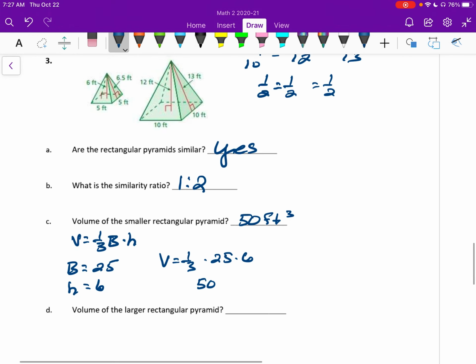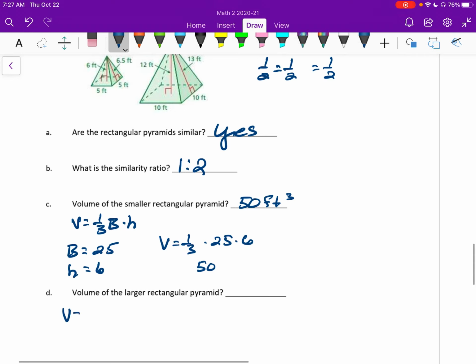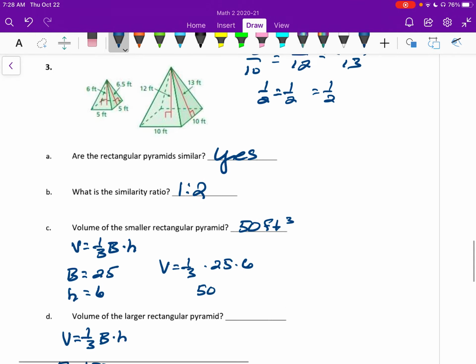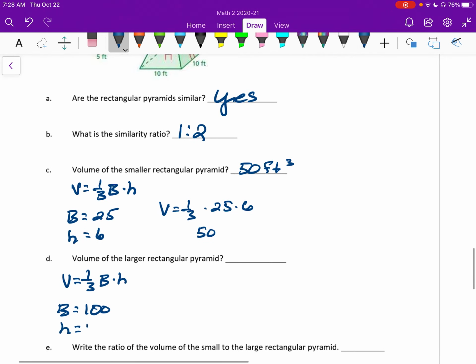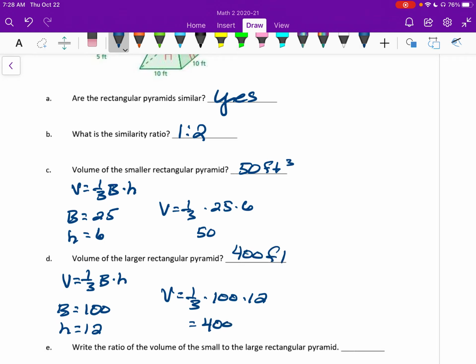All right, let's do the volume of the bigger one. So again, volume is 1/3 big base times height. The big base on the big pyramid is 10 times 10, which is 100. My height is 12. So volume is 1/3 times 100 times 12, which is 400.